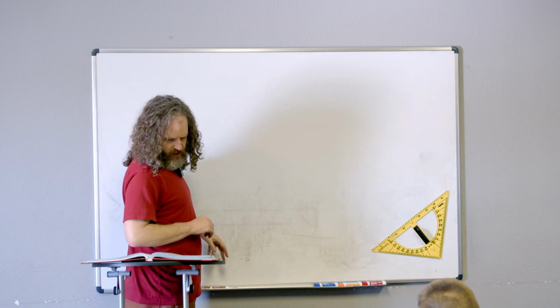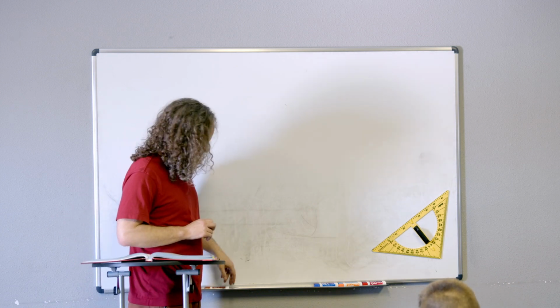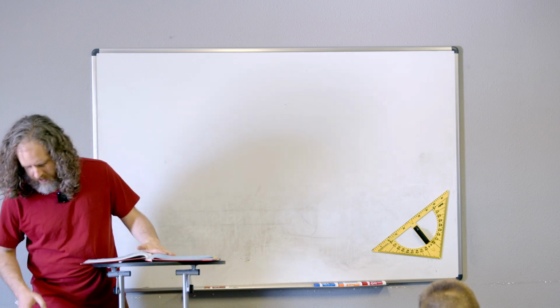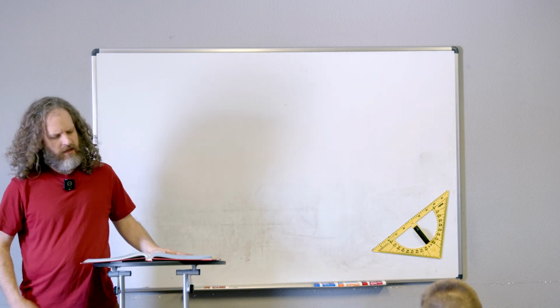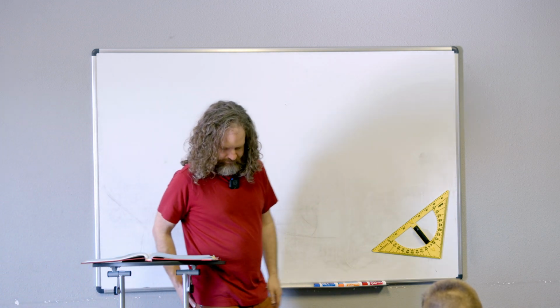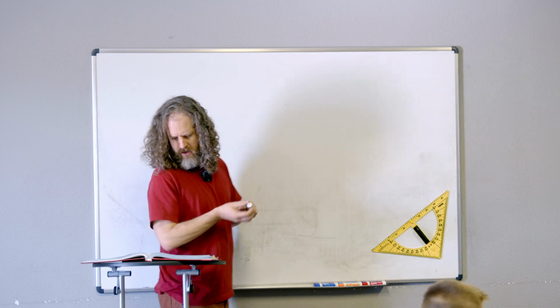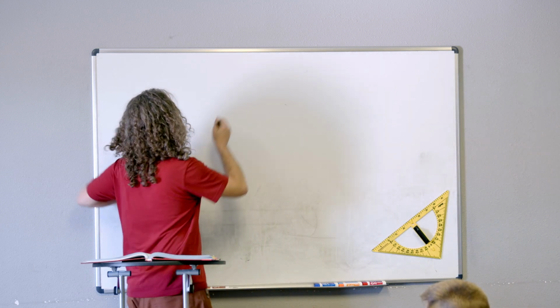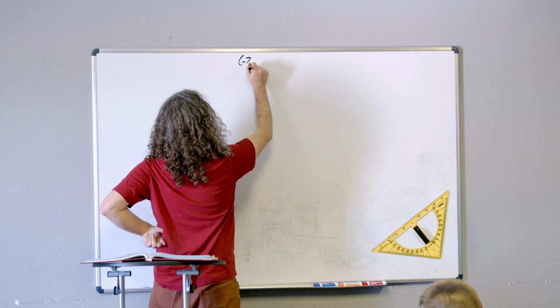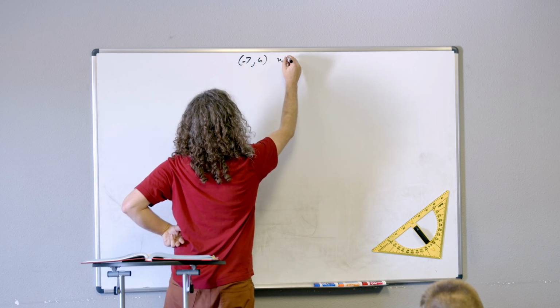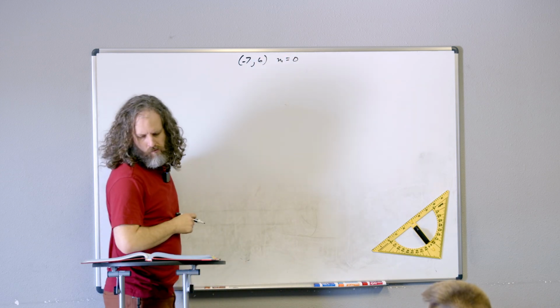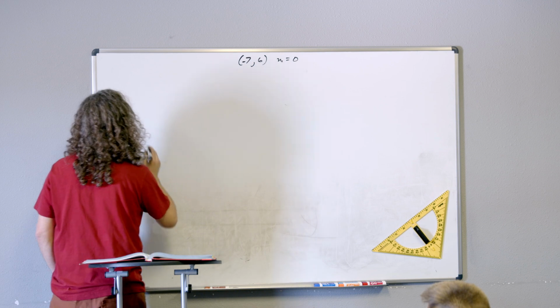Number 14. We're supposed to write an equation of a line in point slope form. Oh, it's right here. It crosses through the point negative 7, 6, and the slope is 0. So what is point slope?